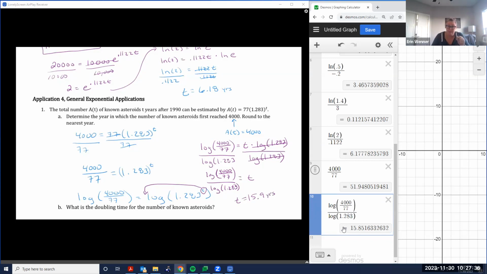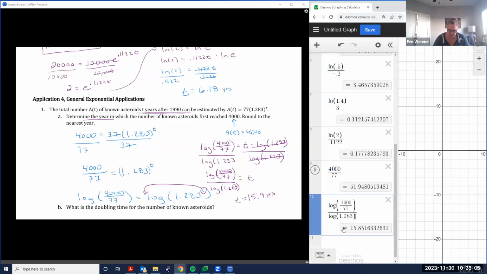So it's going to take 15.9 years, but there's a little piece here that we need to make sure that we go back to. And it says, determine the year in which this happens. Well, we know it's going to take 15.9 years for it to happen, but the specific year it will happen in all depends on where we are starting this model from. And the starting is at 1990.